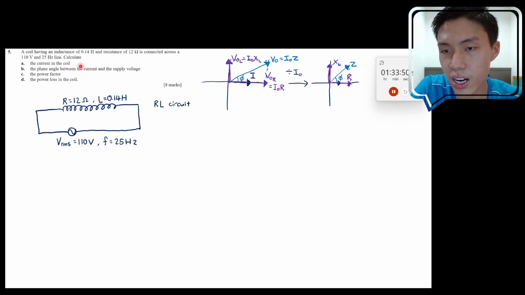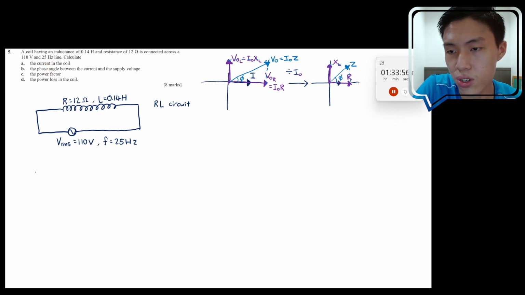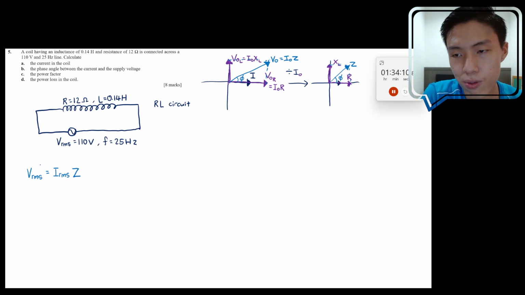First, they ask for the current in the coil. You have V, you want I, so most probably you have to use VRMS is equals to IRMS multiplied by Z. You have to know that this equation is for the overall circuit.